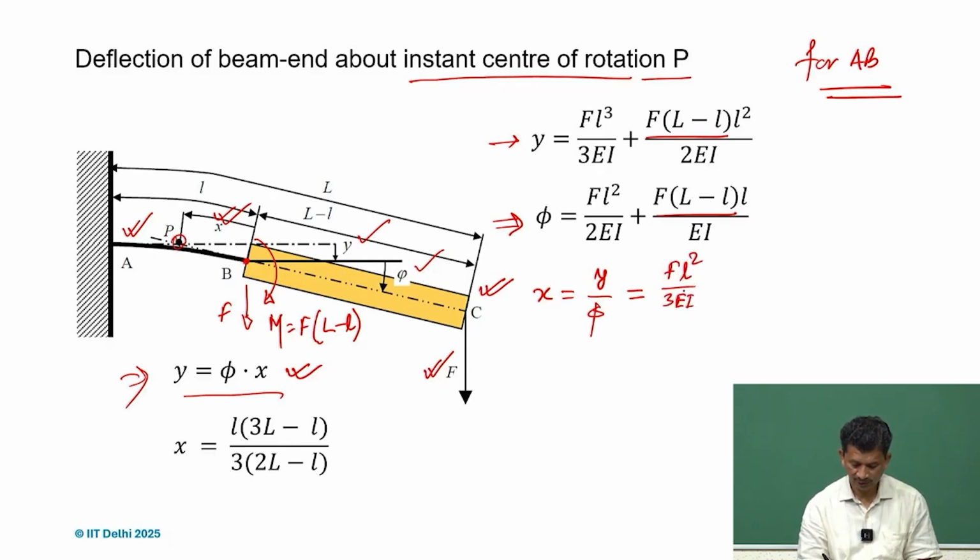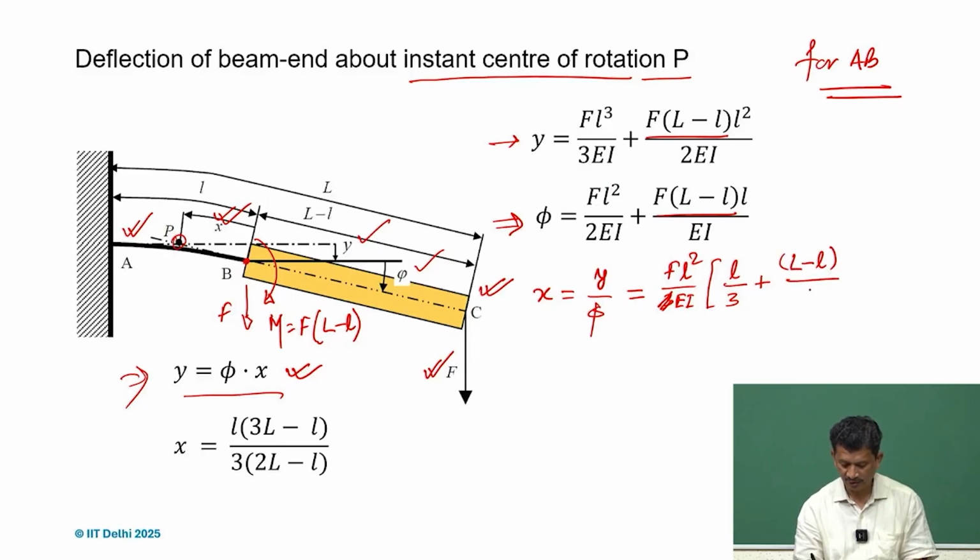Actually, don't take 3, just take EI only as common, and then we have l by 3 plus F L squared common, so you will be left with capital L minus l, divided by, and at the bottom EI is taken out, so it will be l over 2.